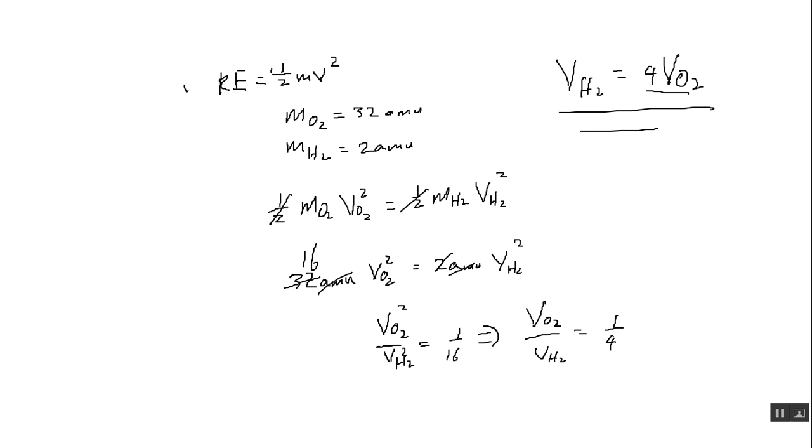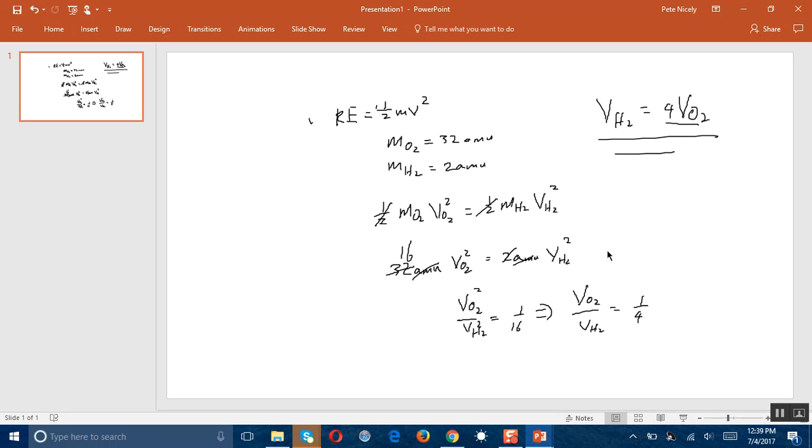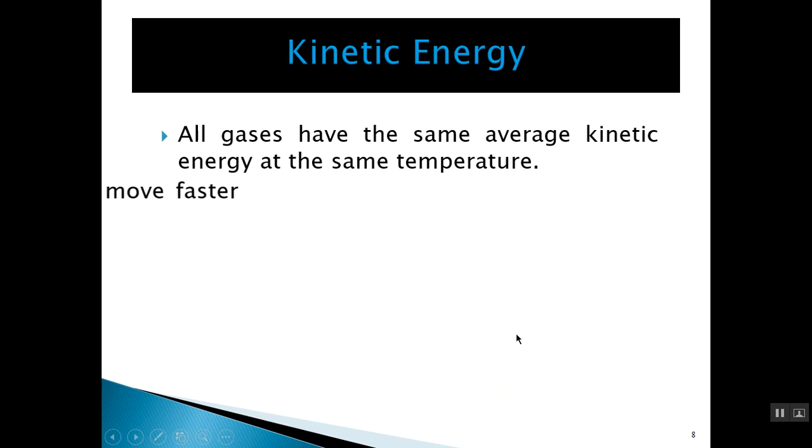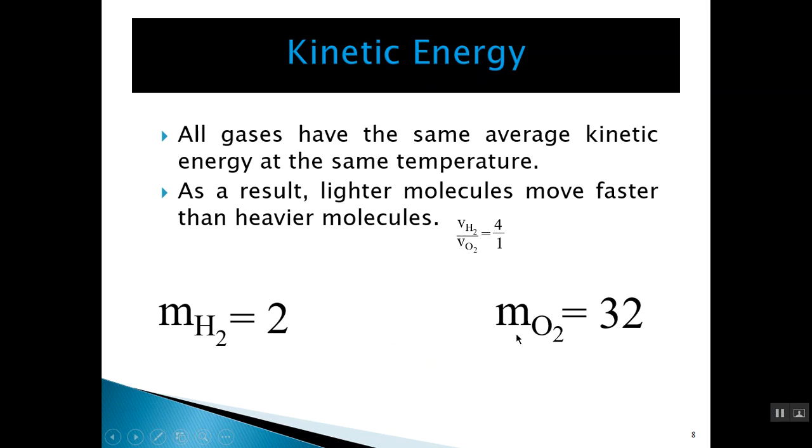All right, so I thought that it illustrates how the molecular speeds compare at the same temperature for two different gases. So that's the relationship right here. The velocity of hydrogen will be 4 times that of oxygen.